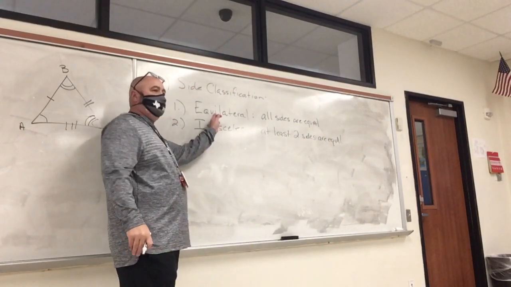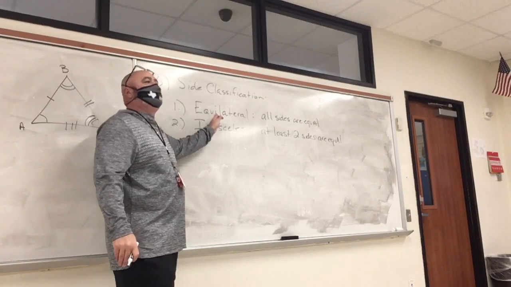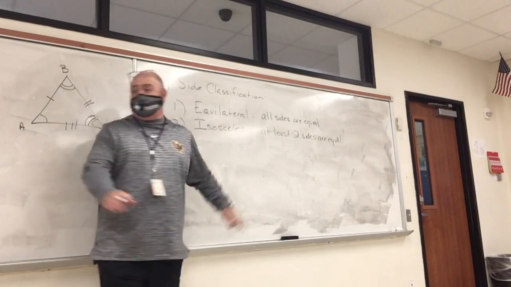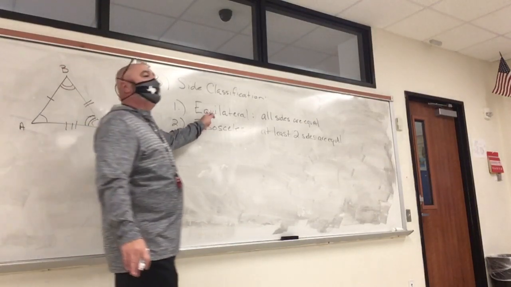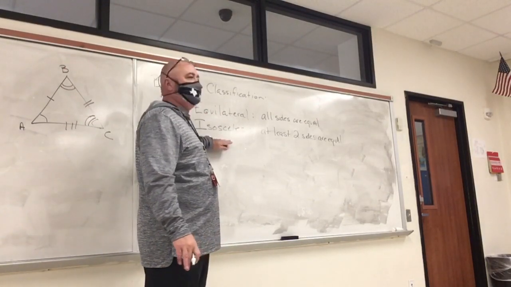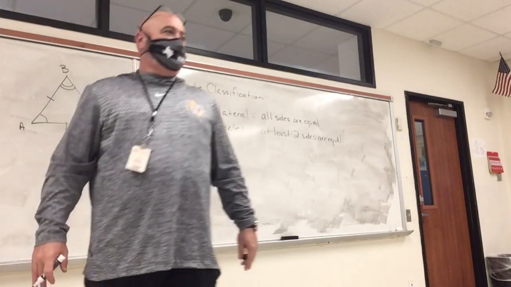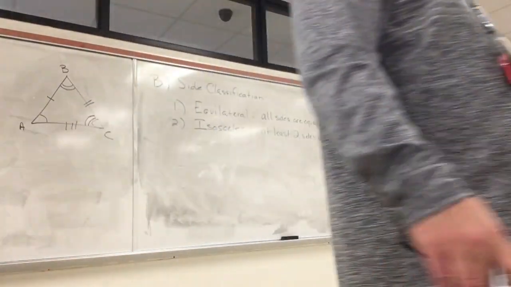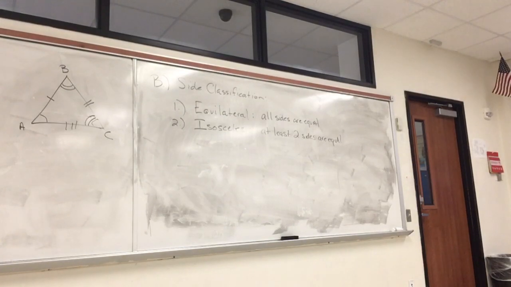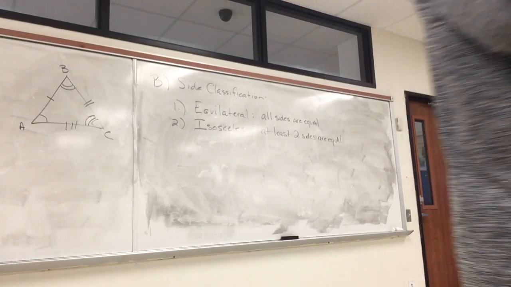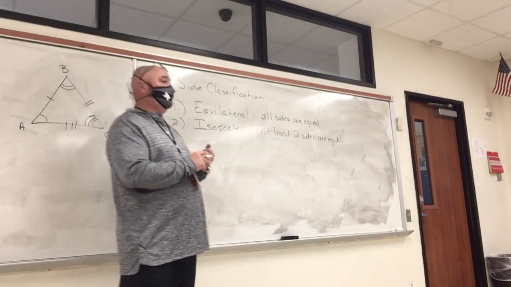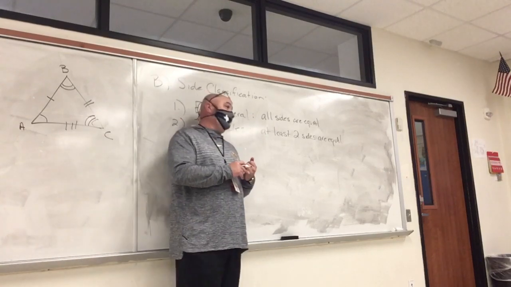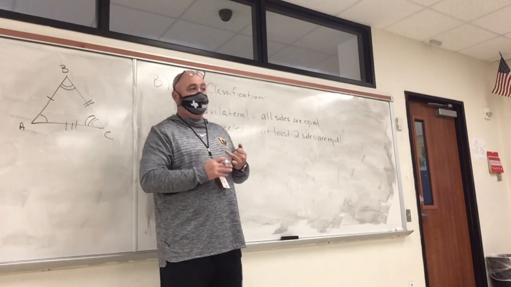All equilateral triangles, which are equiangular, which are acute, all equilateral triangles fit the definition of isosceles. So if you have an equilateral triangle, you also have an isosceles triangle because it fits the definition. Okay? And when I say at least, I mean at least two or more.